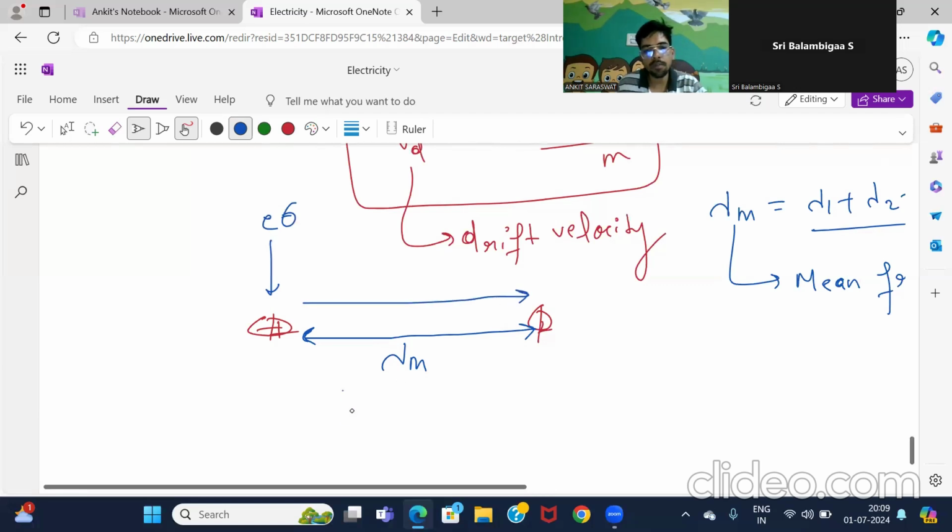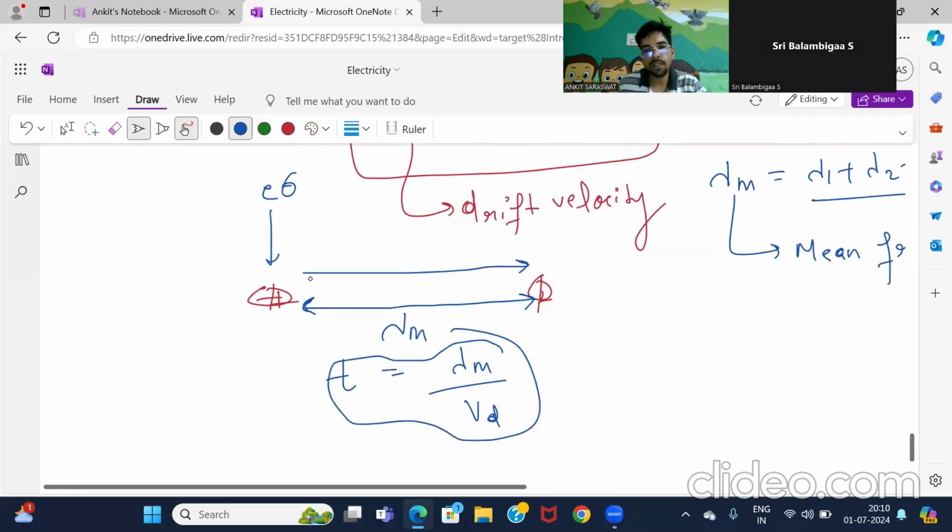Time will be distance by speed. How much? Vd. This electron is moving with drift velocity, which is the average velocity. Clear? Understood? This is the magnitude simply.